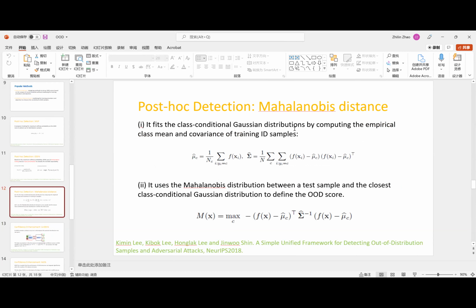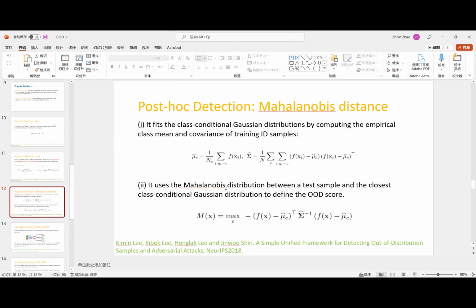Okay, different from the previous two detectors, this method uses another approach to calculate the OOD score. Firstly, this method calculates the mean and the covariance of the training in-distribution samples.